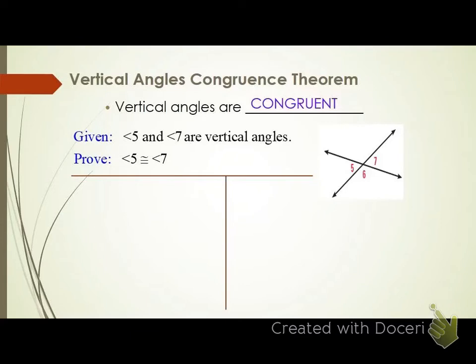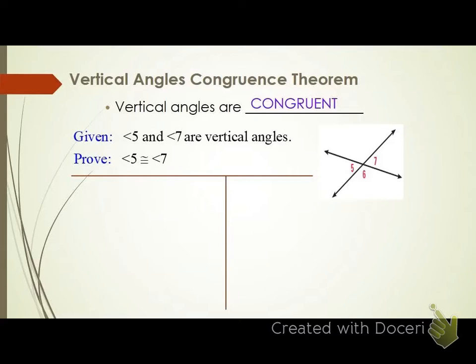And if you're going to use these theorems that we're proving, you need to call them those things. Notice this one doesn't even have a number next to it. When we use this as a reason in our proof, just say it's because of the vertical angles congruence theorem. You do need to at least memorize the name. If not, you have to write out what the theorem says. And that's no fun. But anyway, vertical angles are congruent.